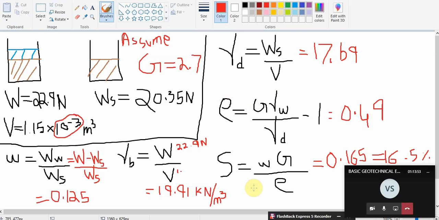Not just remember them, you have to understand them. What happens to the volume of voids when you add water? What happens to voids ratio when degree of saturation increases? This is a very important concept. So please, if you have any doubts, ask.